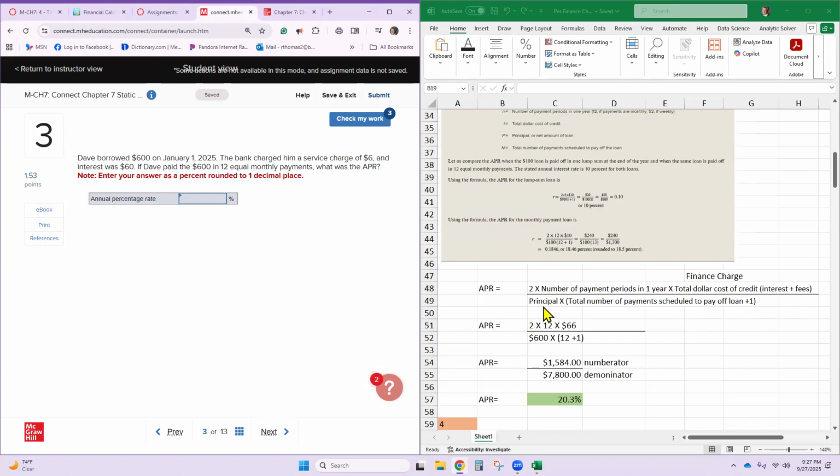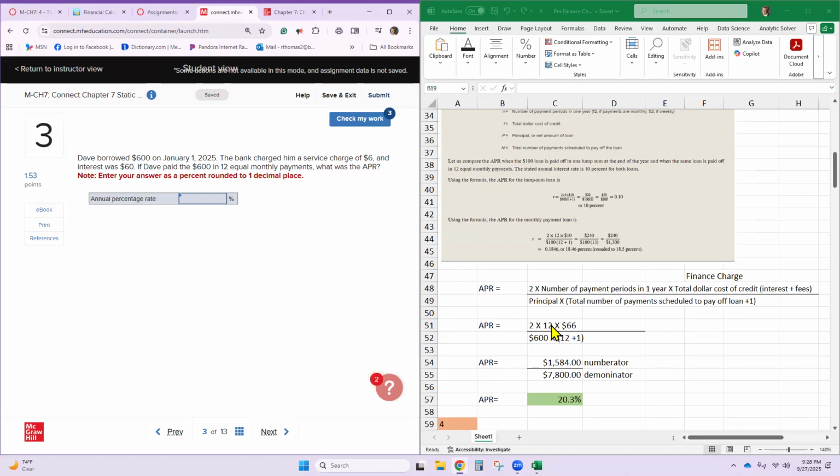Then the principal of the loan, which is the loan amount, times the total number of payments scheduled to pay off the loan, plus 1. So here come the numbers. 2 is part of the formula. 12 is the number of payments in 1 year. $66 is the finance charge of the loan. The loan is $600 times 12 months, plus 1.